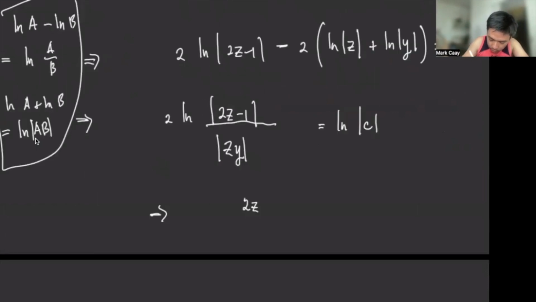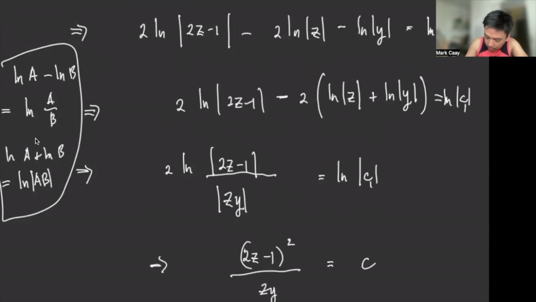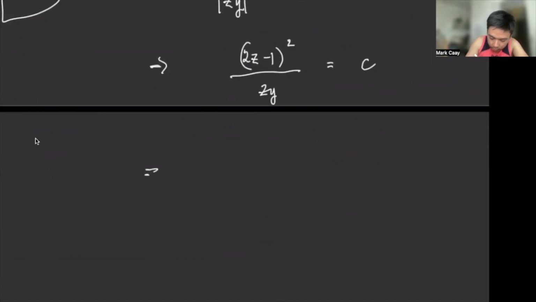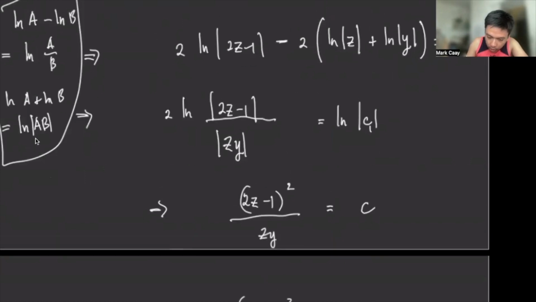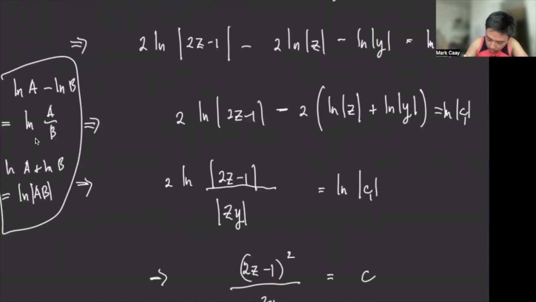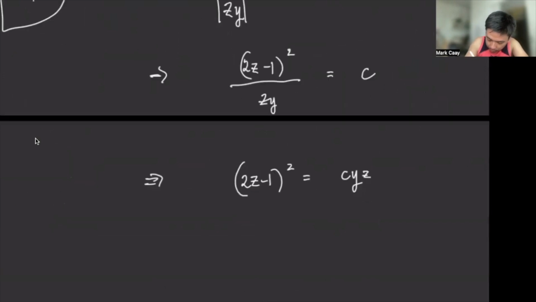So, that becomes 2z minus 1 squared over zy equals, let's say, c1 na lang yan, yung kanina, para hindi tayo malilito. And so, therefore, 2z minus 1 squared is equal to c y z. Yung z ko is may 2 din, tama? Sorry. Dito pala yung 2, no? Sorry. So, dapat naka-squared si z dito. Yan, sorry guys.